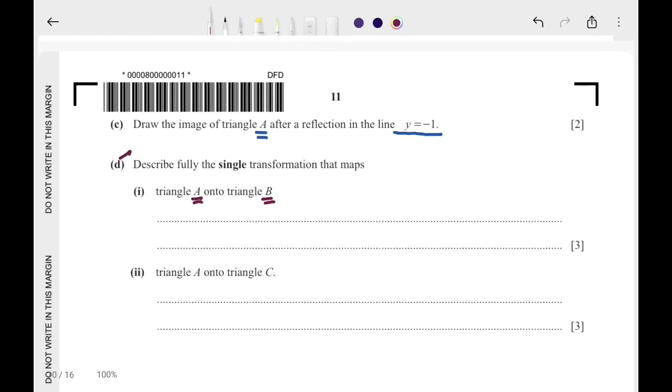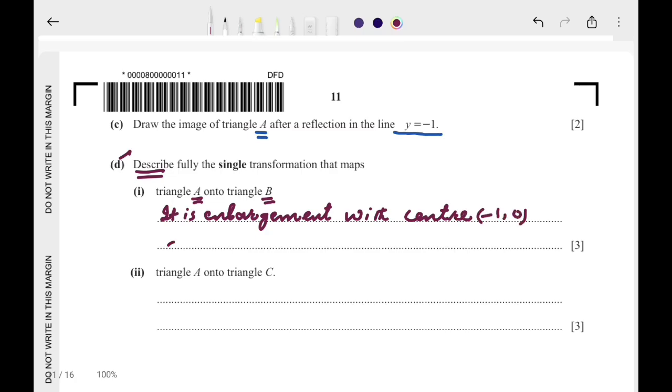So as we have to describe it, we write it in this way: it is an enlargement with center (-1, 0) and scale factor 2.